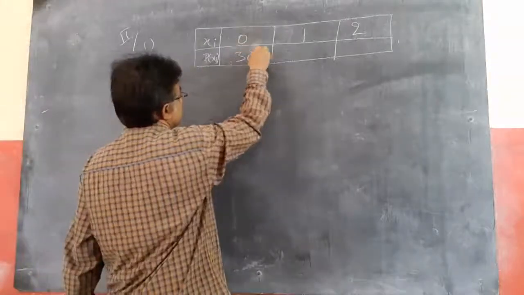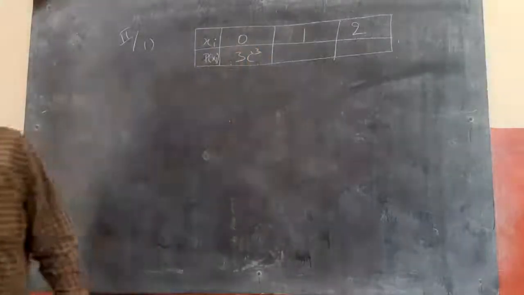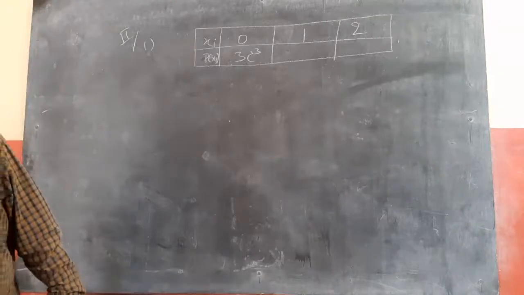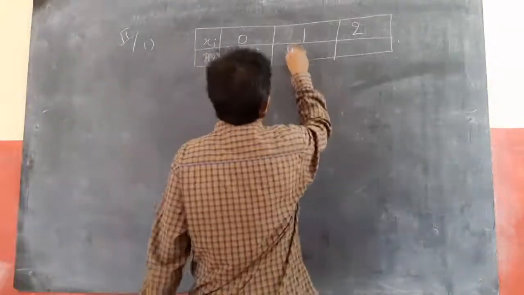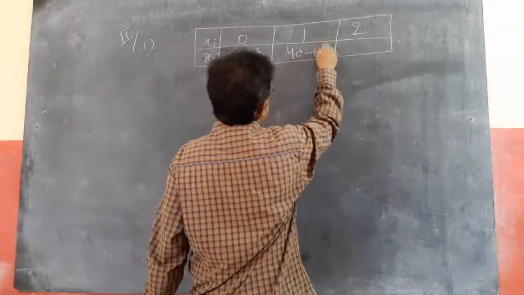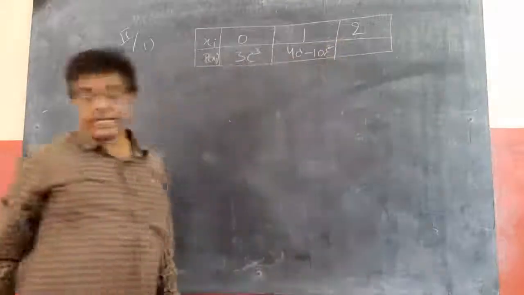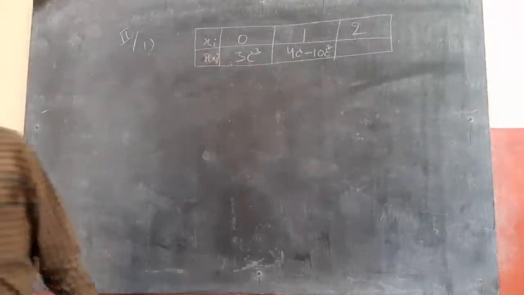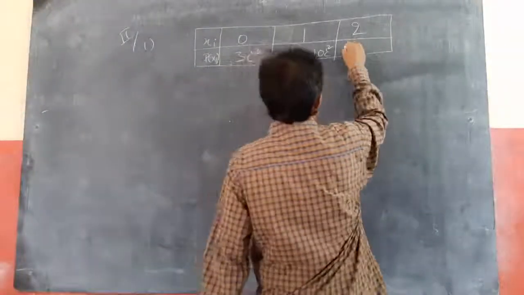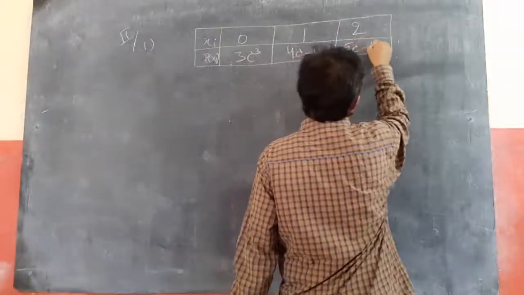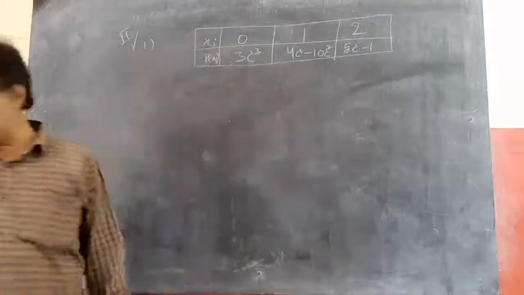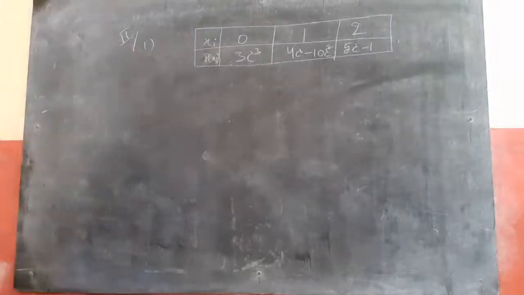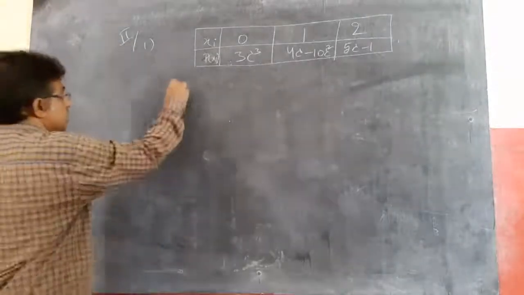And P of x equal to 1 equal to 4c minus 10c square. And P of x equal to 2 equal to 5c minus 1.